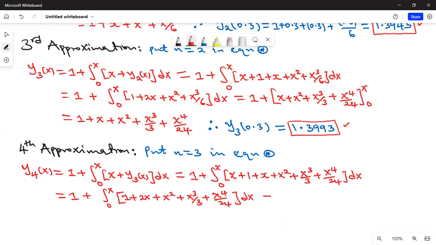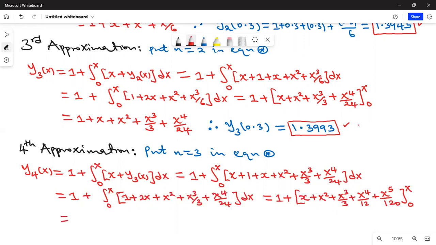And so when you integrate, 1 plus that integral should give us x plus x squared plus x cubed over 3 plus x raised to 4 over 12 plus x raised to 5 over 120, from 0 to x.